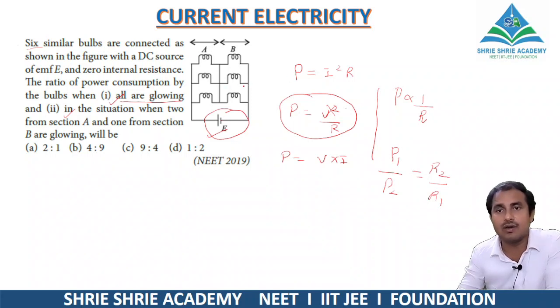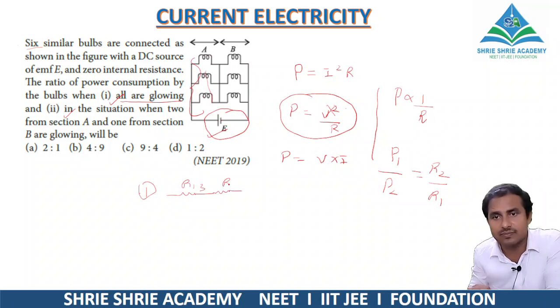So in the first condition all are glowing, all having the same resistance, R and R. But remember, first you should find the effective resistance, because your wire is connected, you cannot say, sir, this and this are in series. Yes, this is in series, but in between a wire is connected, so now they are no more in series. First take these 3 in parallel connection, so this becomes R by 3, and this is also R by 3.